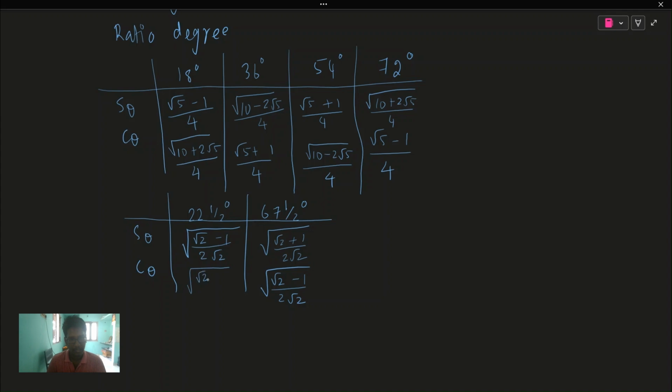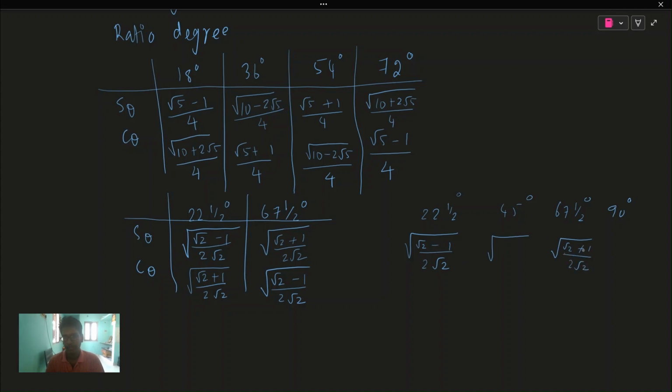You would actually analyze that there exists a pattern in this. See, 22 and a half, 45, 67 and a half, and 90 are equal intervals, right? So here, for sine theta, you end up getting root 2 minus 1 by 2 root 2, and here, root 2 minus 1 plus 1 by 2 root 2.